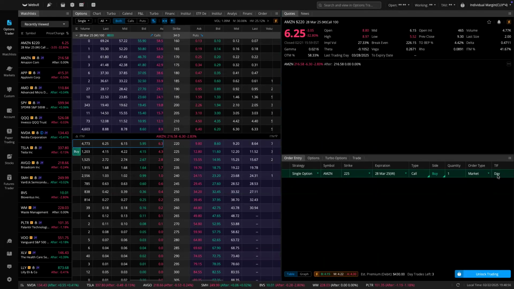Now, pour acheter un contrat, il y a deux options: day and good till cancel, GTC. Quand on soumet un limit order, il va y avoir ce choix.